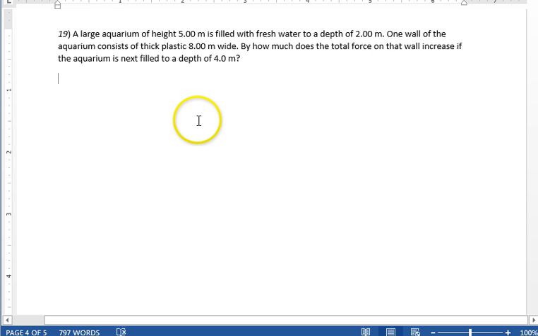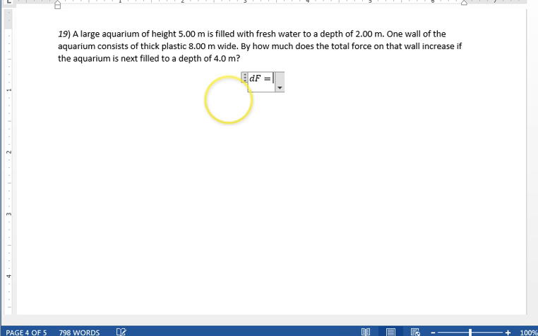So a little bit of force, dF, is the pressure, rho g h, and we'll call h y, times the width times dy, the differential bit of width.